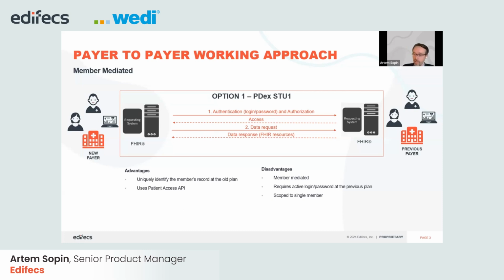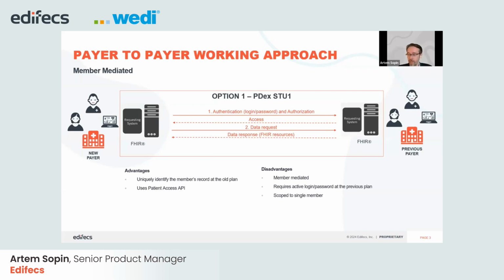The advantage is obviously we can 100% uniquely identify the member. How? Because we have this member's account at the old plan. It gives you a 100% guarantee that you know who is connecting, and that he allows fetching the data from the old plan.